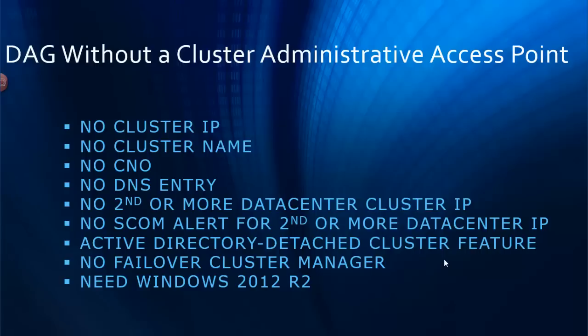Which means no IP means no cluster name. No cluster name means no CNO, no cluster name object. That also means no DNS entry for this DAG configuration. Already said, no second or more data center cluster IPs. No SCOM alert. If you have used SCOM with DAG and you had configured 2 or more IPs in a cluster, you might see an alert coming that this particular IP component is offline in your cluster, as a red alert.